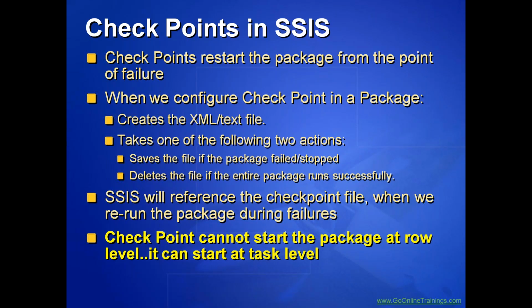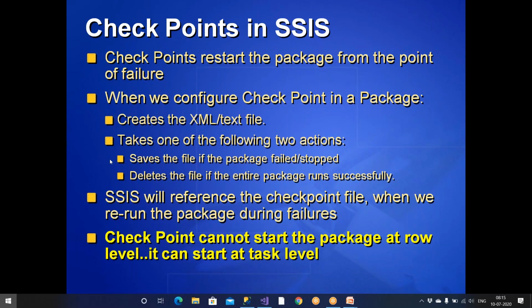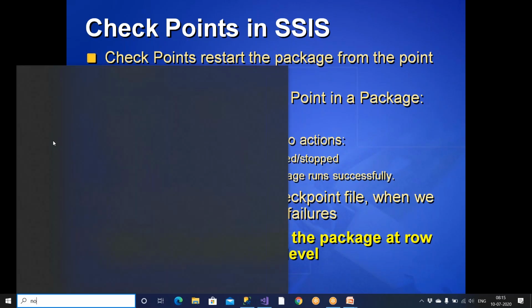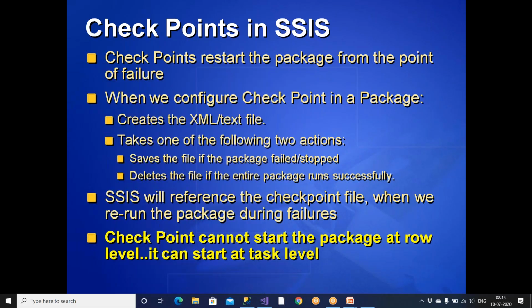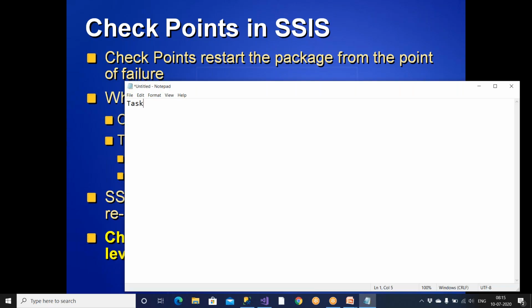Am I clear? Checkpoint means what? Restart the package from the point of failure. So if you have task number one, task number two, task number three, the failure can happen anywhere, right? Task number one we have, then after that we have task number two and task number three.